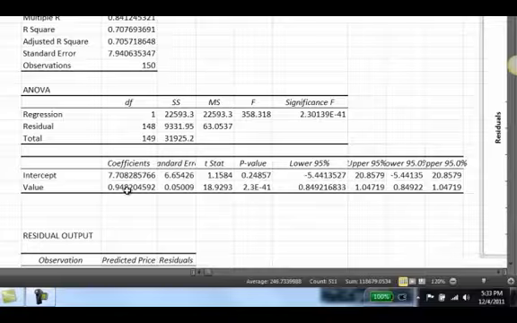In the case of the beta, the slope of our straight line, which is this coefficient for appraised value, it has a value of 0.948, which means that our price is going to increase by 0.948 for every unit increase, every dollar increase in appraised value, starting out with an anchor point, if you will, of $7.7.